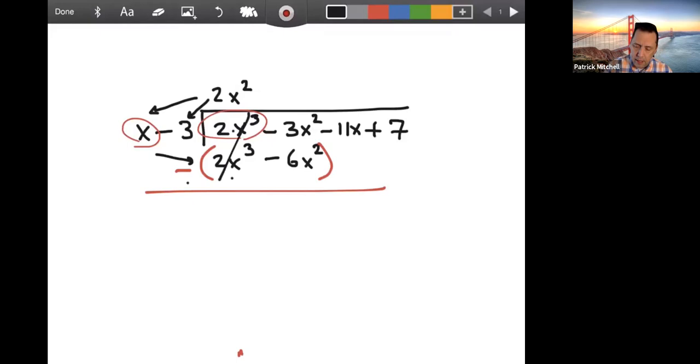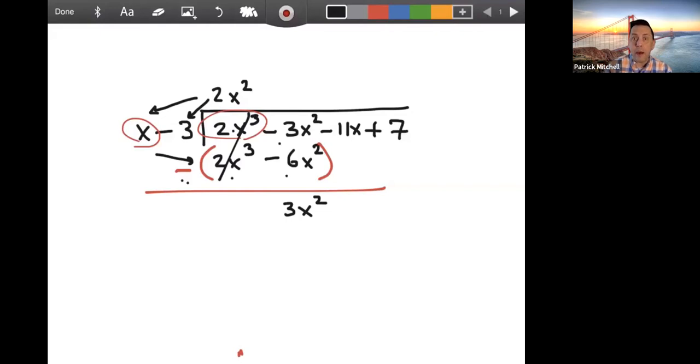And then negative 3x squared minus negative 6x squared, that's like negative 3x squared plus 6x squared, that's going to give me 3x squared. All right, so that's just about one full cycle of the divide, multiply, subtract.